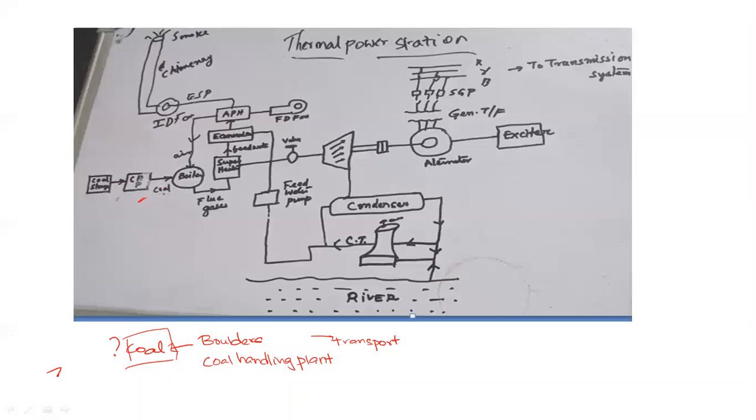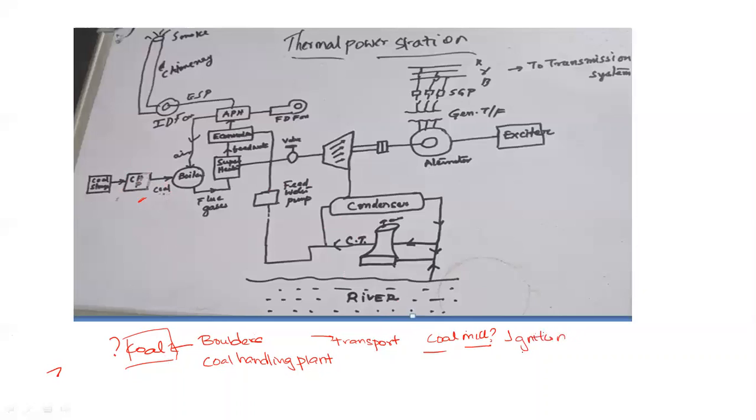From the bunkers, it will be slowly admitted into the mills. What is a mill? A coal mill. The coal mill makes the coal into powder form by crushing, with ignition and supply of air.